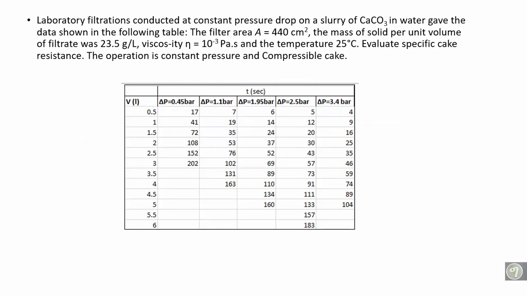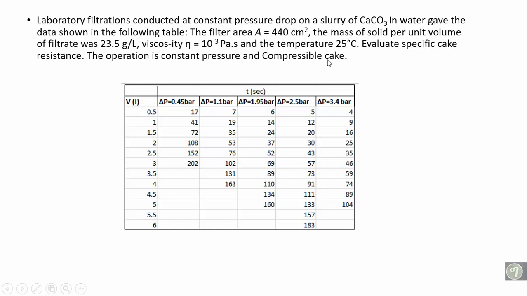So here it says laboratory filtration conducted at a constant pressure drop on a slurry of calcium carbonate in water gave the data shown in the following table. So this is the data given. The filter has an area of this much centimeter square, and the mass of solid per unit volume of filtrate was this much, and the viscosity of the fluid is given.